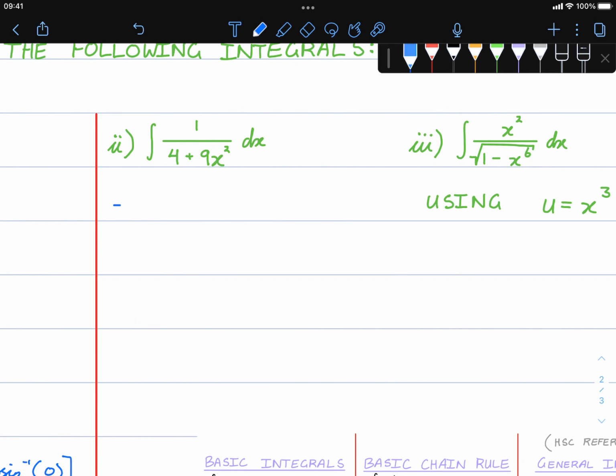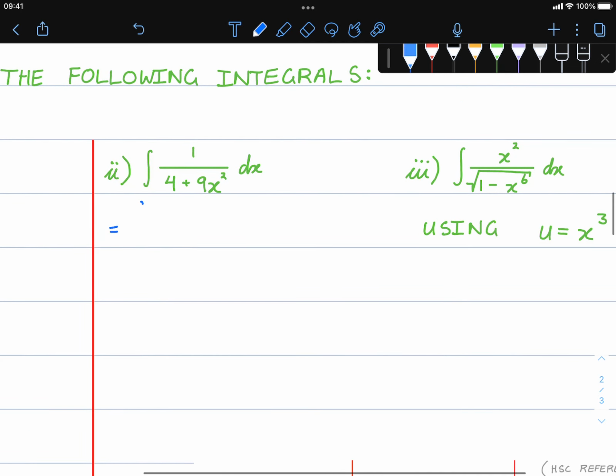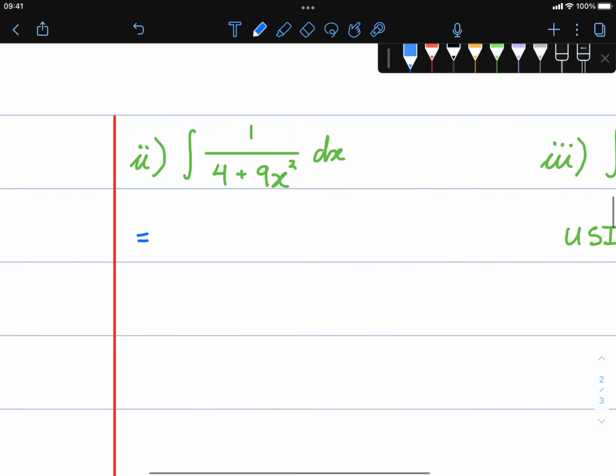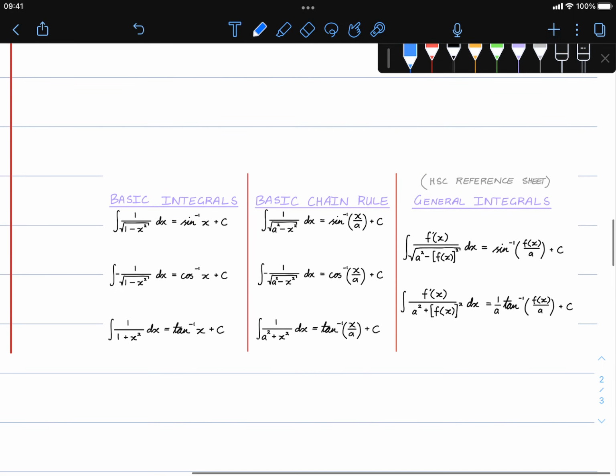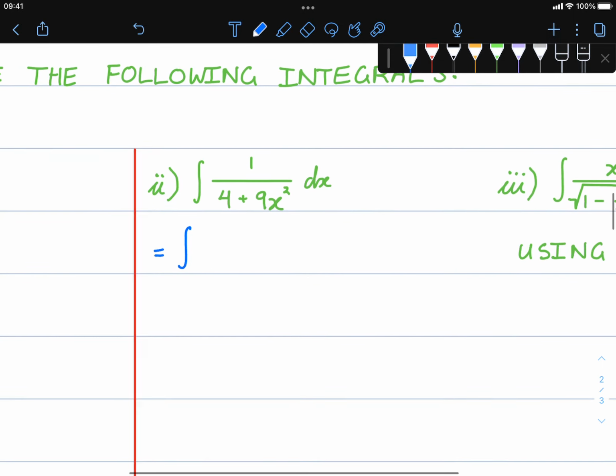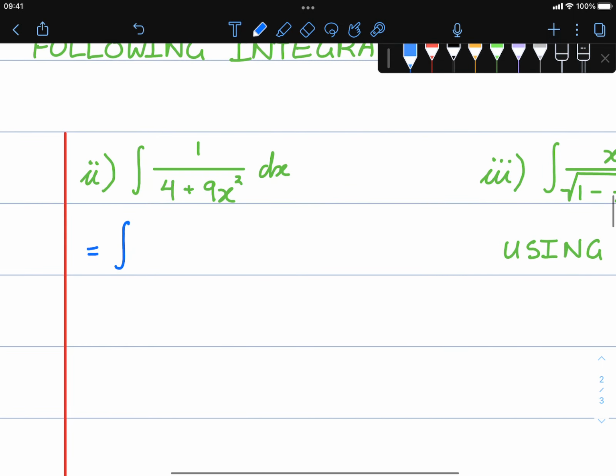So here we go. First, I write everything so that it looks like one of these functions here. By that I mean I write it in index form, like so. 4 is 2 squared.